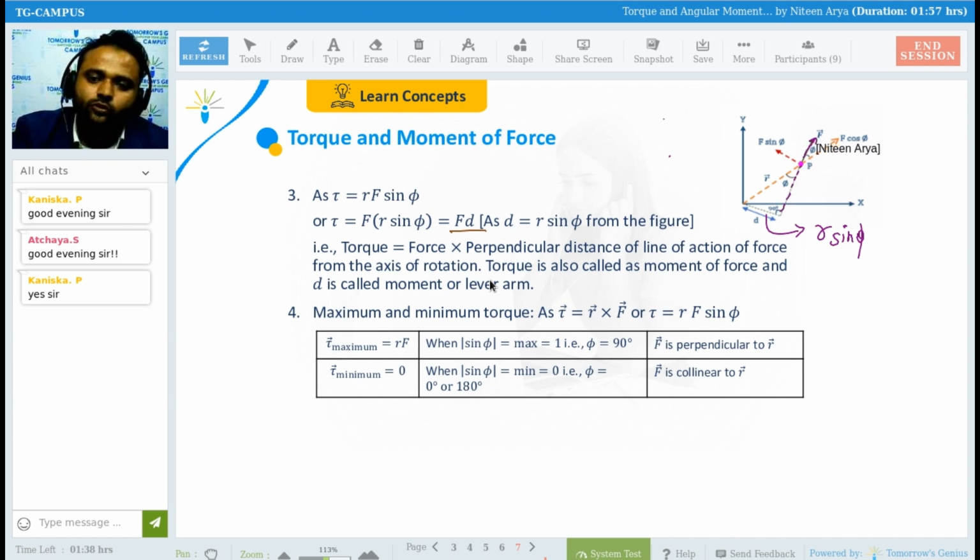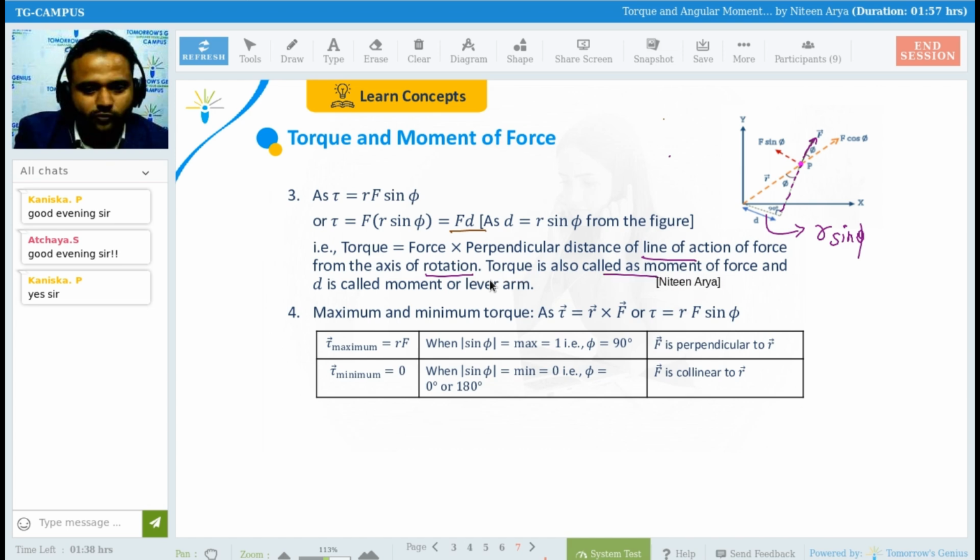So the main thing is we need to take either the transverse component, the sin phi component, or the perpendicular, either r sin phi or F sin phi. Clear, everyone? So torque is the force into the perpendicular distance of the line of action, because this is the line of action of force, from the axis of rotation. This is your axis of rotation.